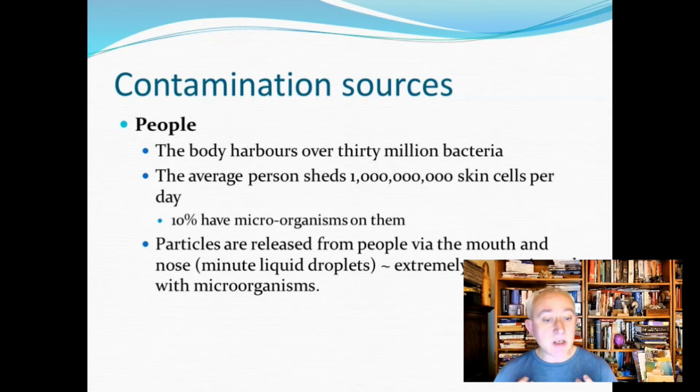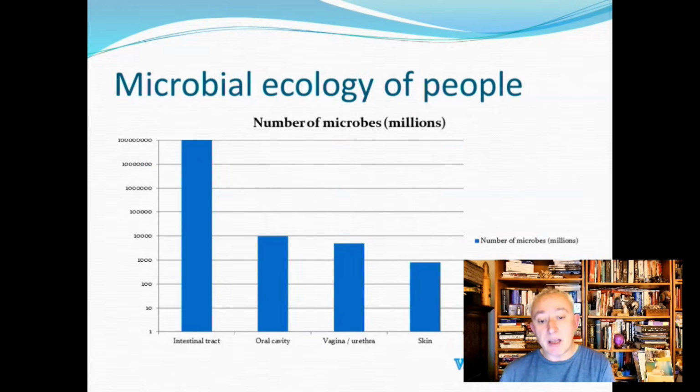And in addition, if we're not gowned correctly, we're not wearing masks appropriately, then we'll also be releasing particles from our mouths and nose as minute liquid droplets, referred to as aerosols. Now, there are other parts of the body that harbour greater numbers of microorganisms, as we can see on this slide here.